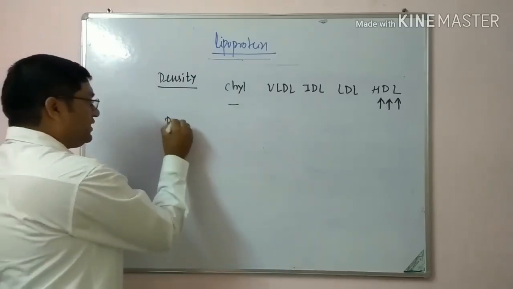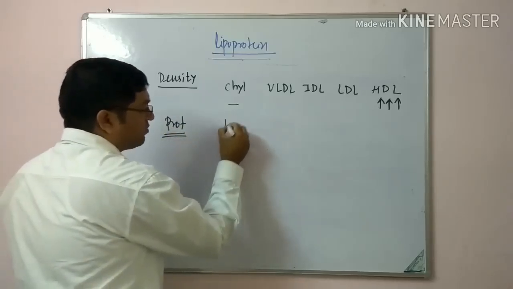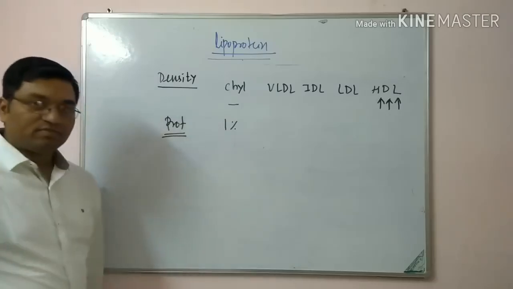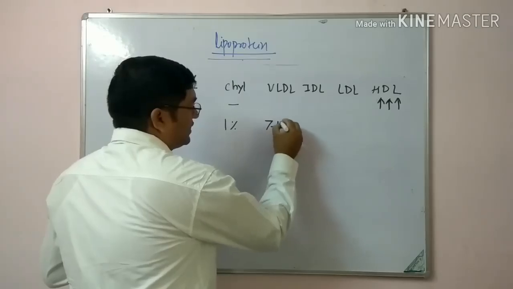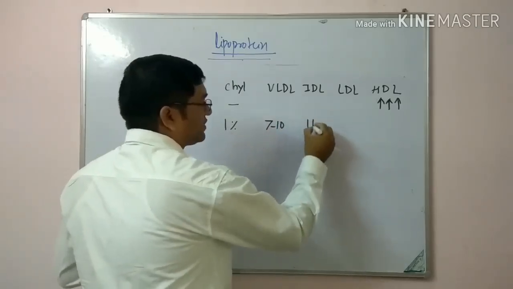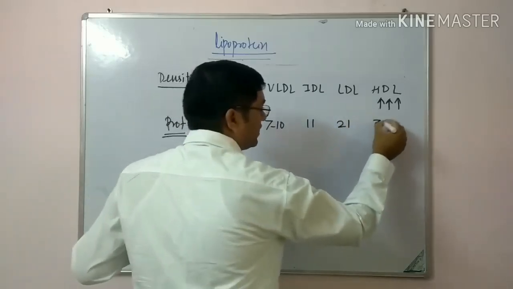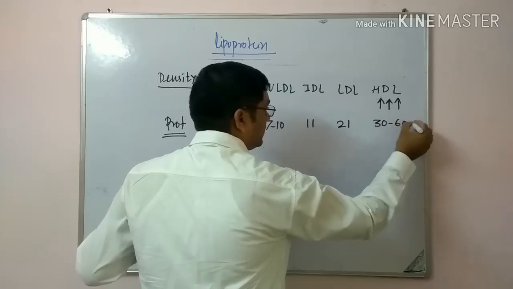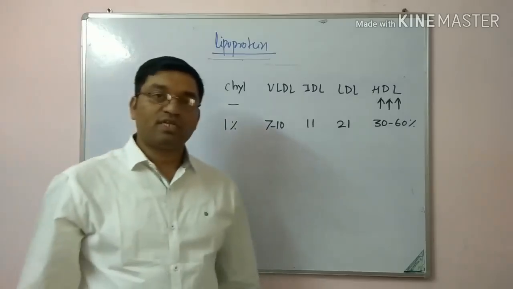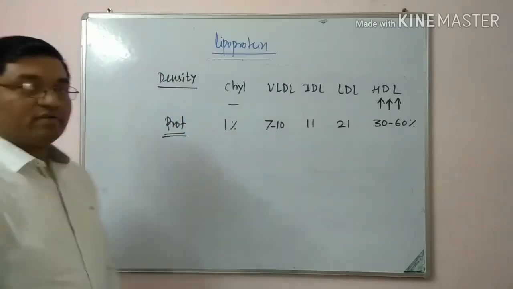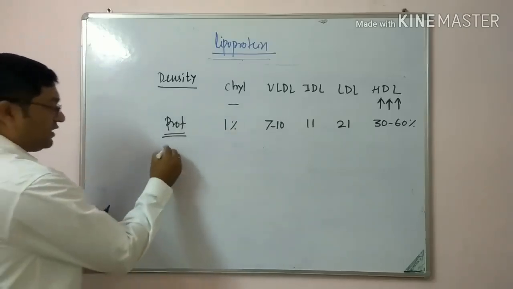Then protein content. The chylomicron contains about 1% protein. VLDL is 7 to 10%, IDL 11%, LDL 21%, and HDL contains 30 to 60% protein, depending upon the type of HDL, whether it is HDL 1, 2, 3 or pre-HDL. Then lipid content.